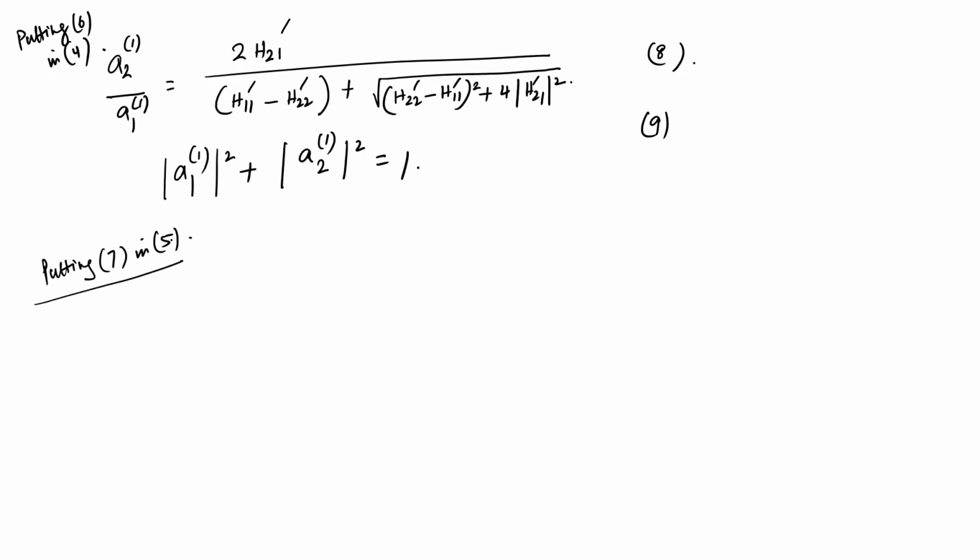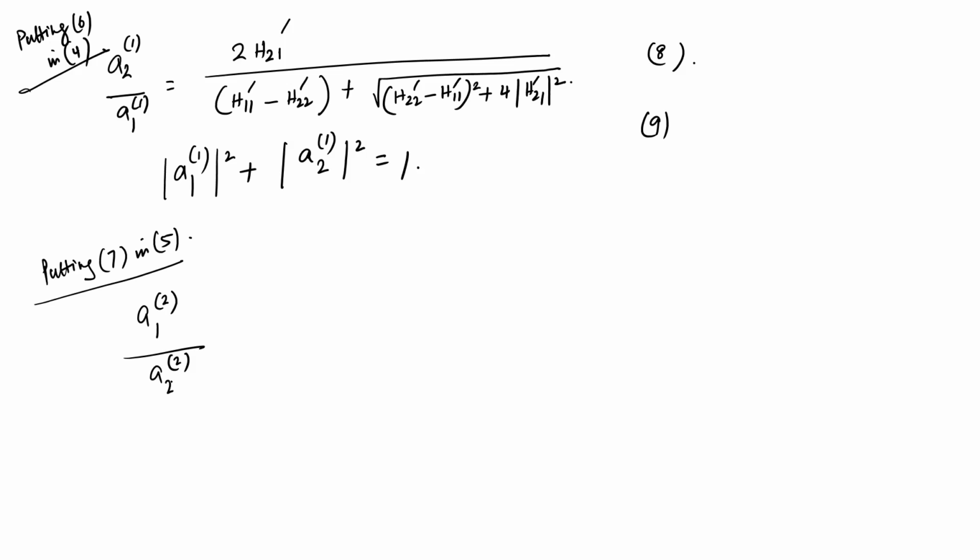Putting 7 in 5, we have A12 divided by A22, that is for the other eigenvalue.